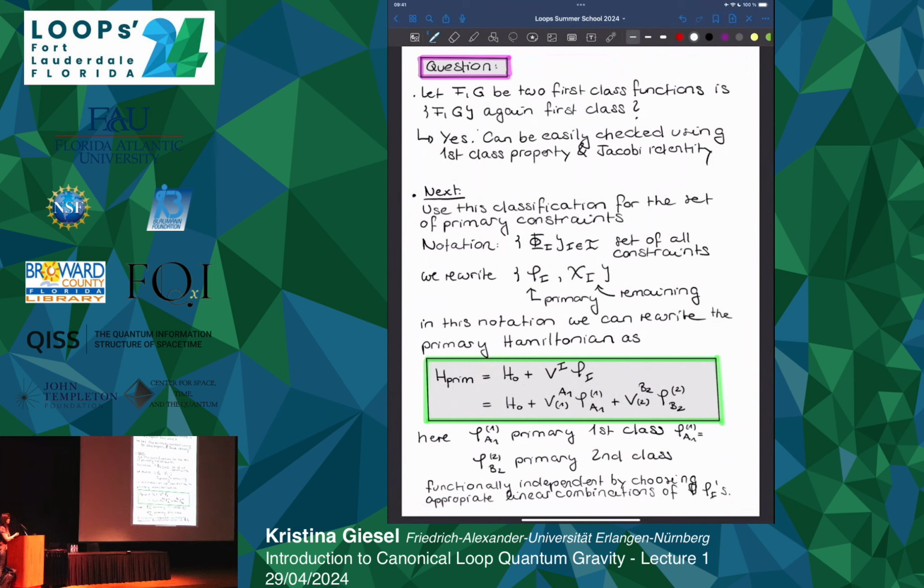Now, doing this, we know the primary Hamiltonian is H naught, Lagrange multipliers contracted with all primary constraints. And now I would like to split those primary constraints into first class, which have on the top this label 1 here, and second class constraints. And I also labeled the Lagrange multipliers accordingly. So the first class ones have V1, the second class ones have V2.